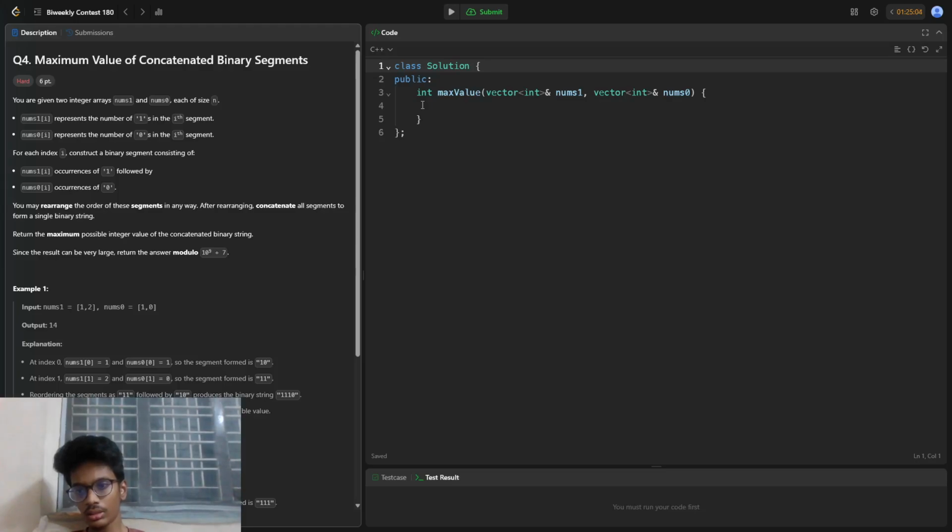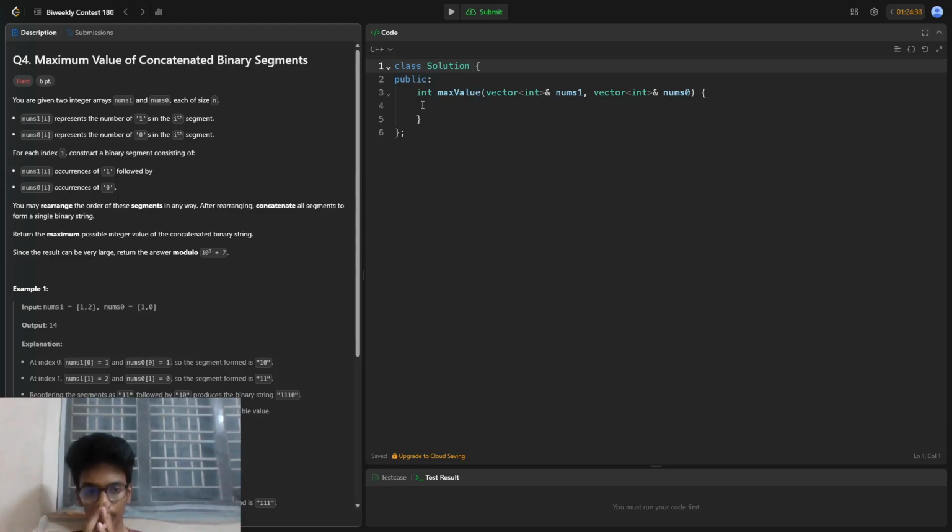For each index i, construct a binary segment consisting of nums1 of i occurrences of ones followed by nums0 of i zeros. You may rearrange the order of these segments in any way. After rearranging, concatenate all the segments to form a single binary string. Return the maximum possible integer value of the concatenated binary string.